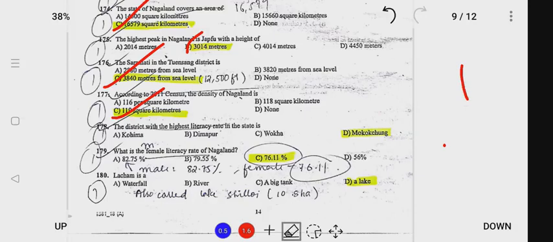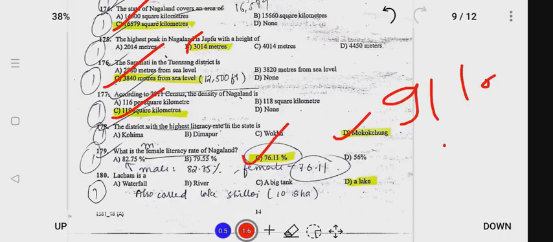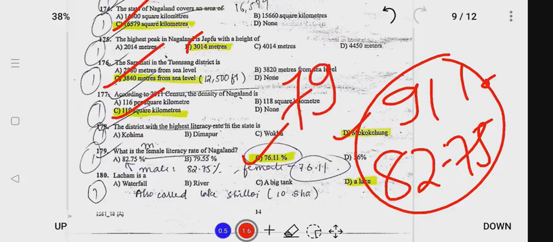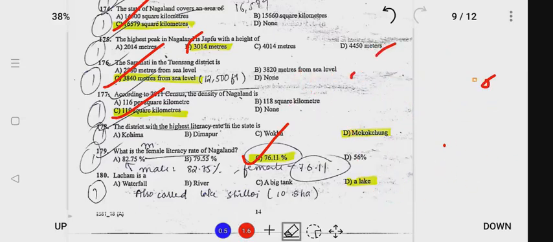Next, the highest literacy rate is Mokokchung with 91%. Female literacy rate of Nagaland is 76.11, male literacy rate is 82.75, and overall Nagaland literacy rate is 79.55. So please remember this.